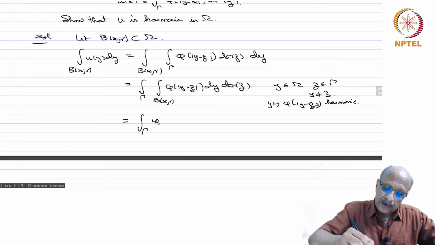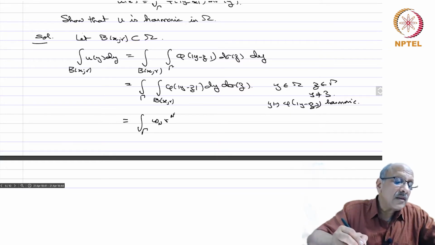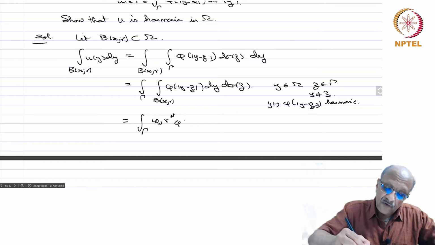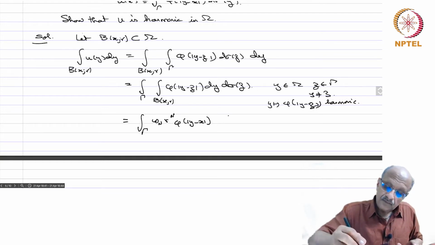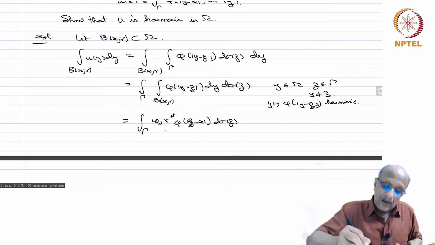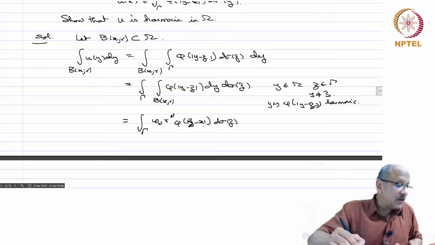So this is equal to omega n r power n of phi of mod z minus x d sigma z. The average is equal to the value at the center.